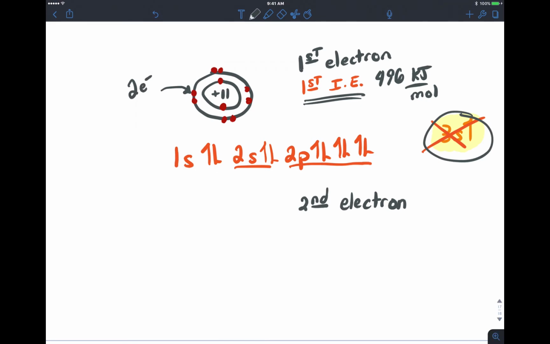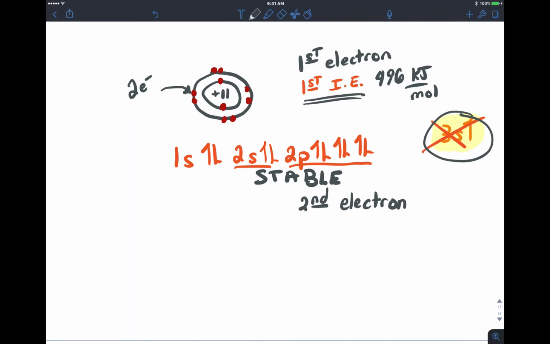Would it be easier or harder to remove that second electron? Right now, this would be stable. So does it want to remove a second electron for sodium?